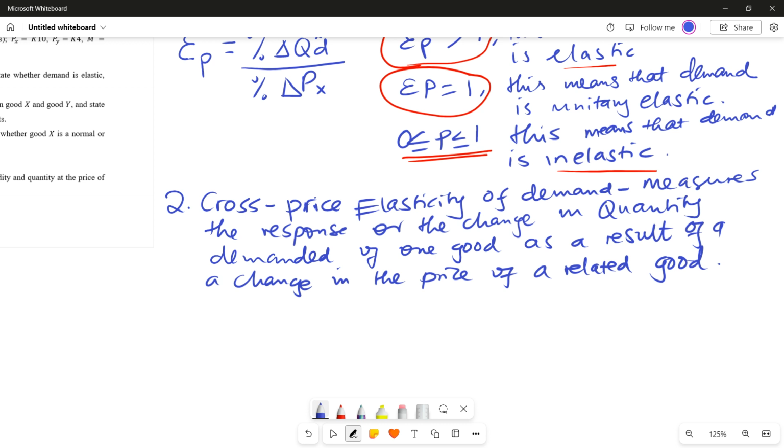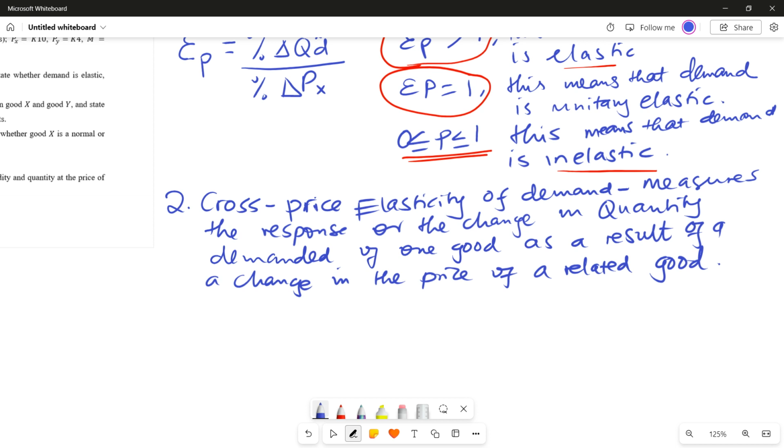For cross price elasticity, just as the name itself says, cross, we're dealing with two different commodities. So it's a case of Coca-Cola and Fanta. We want to understand how an increase in the price of Coca-Cola will affect the demand for Fanta.